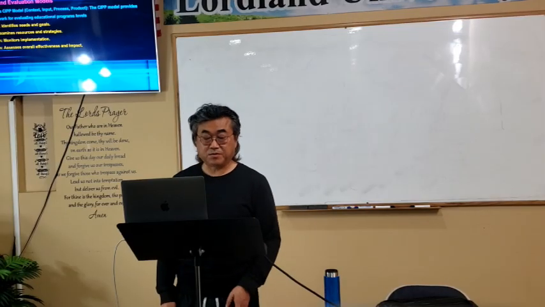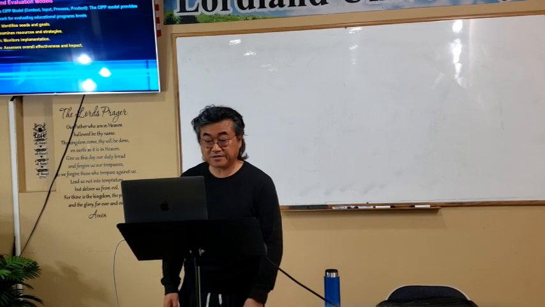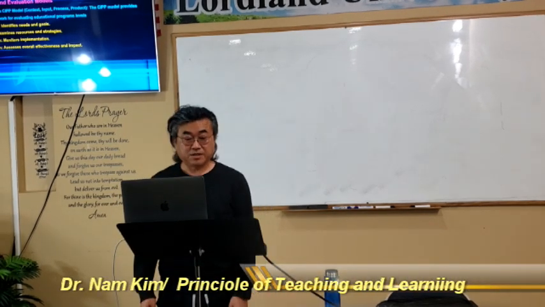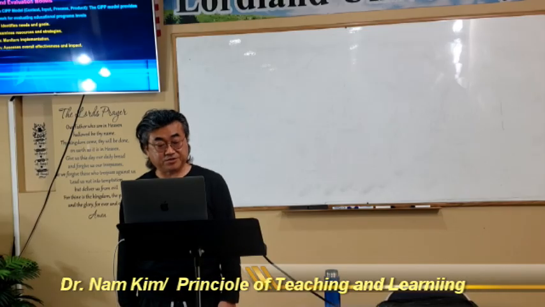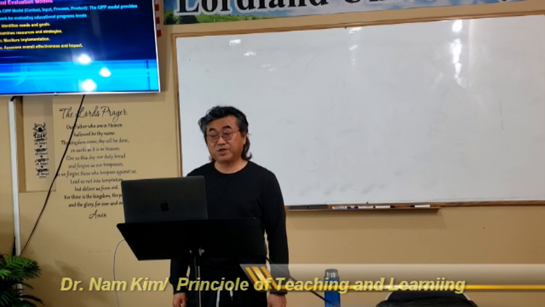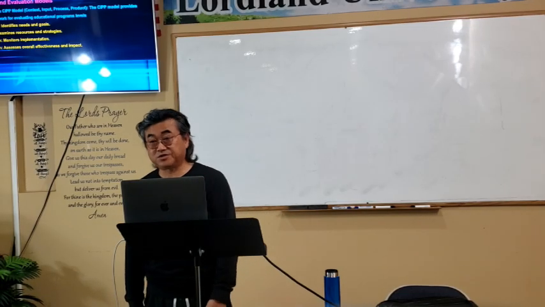Okay, so the CIPP model is about context, input, process, and product. One more time, context evaluation is where you identify what the needs are and what the goal is. Then input evaluation, you examine what resources we can use and what the strategy is to achieve the goal.